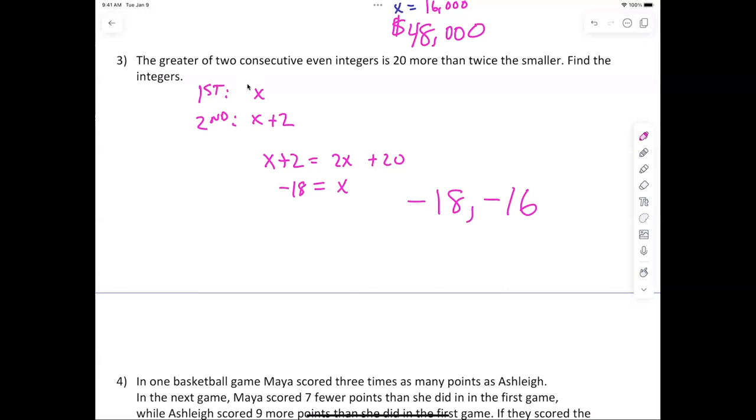If I said, what's negative 18 plus 2, you better say negative 16, not like some people who say negative 20. Consecutive is not times 2. Consecutive means in order. Like if I said 5 consecutive evens, you would say 2, 4, 6, 8, 10. That's what is meant.